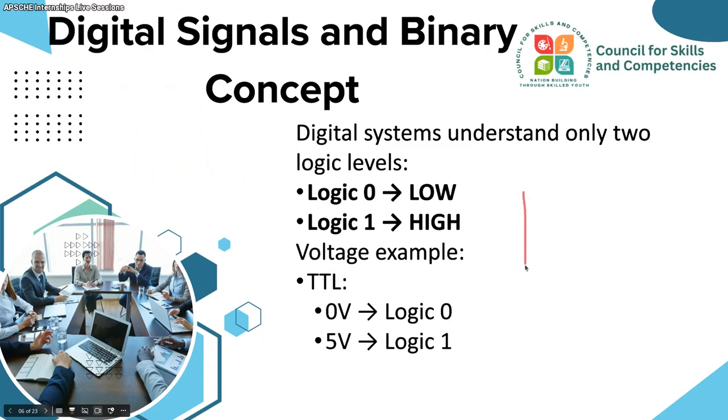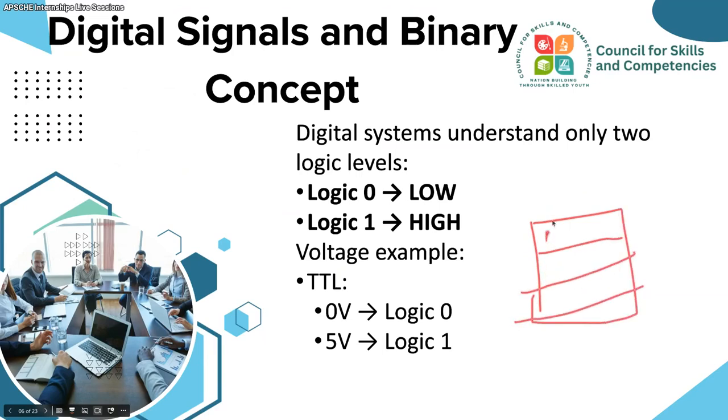Really speaking, in the real world you have only analog signals. There is nothing called digital, but maybe in storage we are trying to differentiate. This is like a memory. You can think of this as 0 1 0 1.